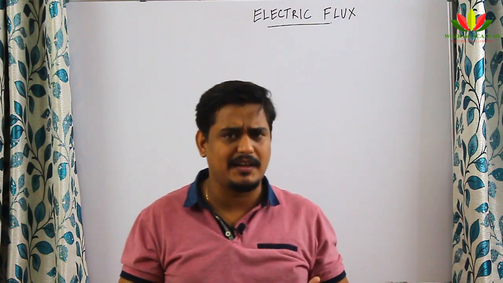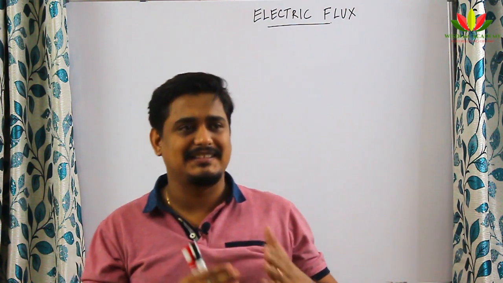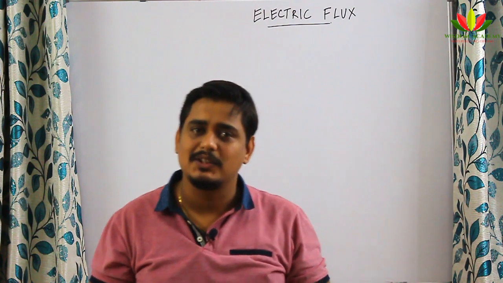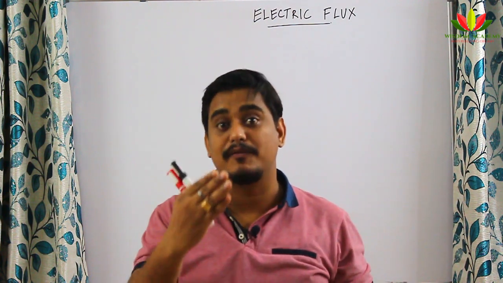To be very specific and to the point to the equation, it says that electric flux is the electric lines of forces passing through a given area kept normal to the electric field.